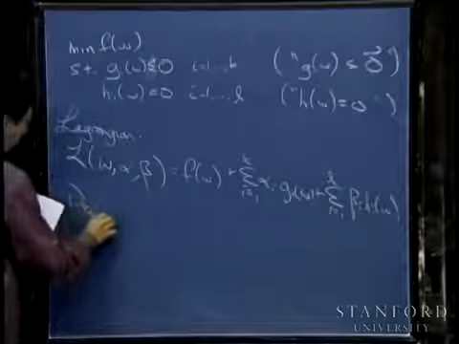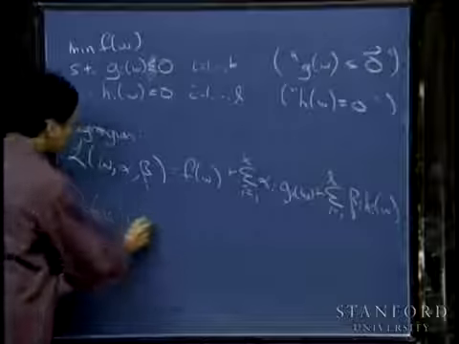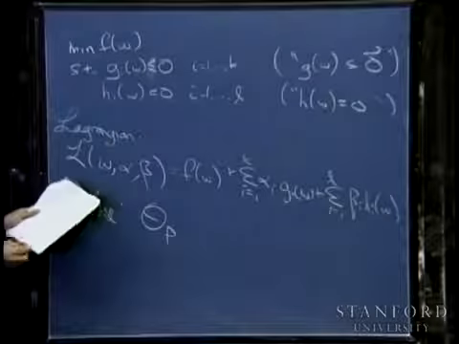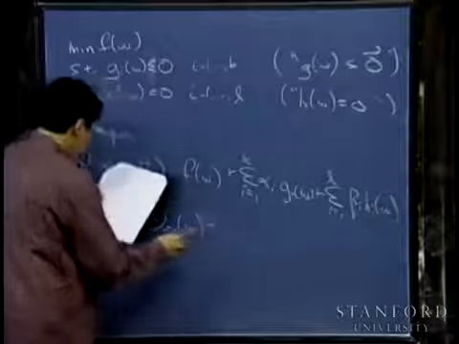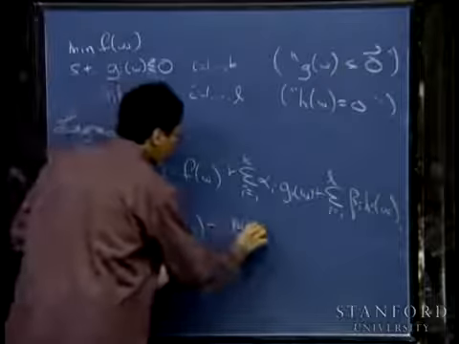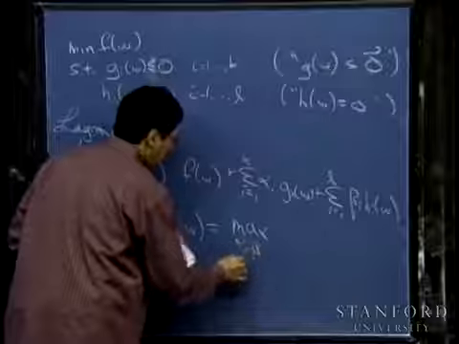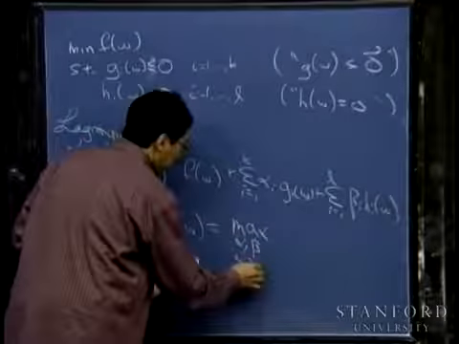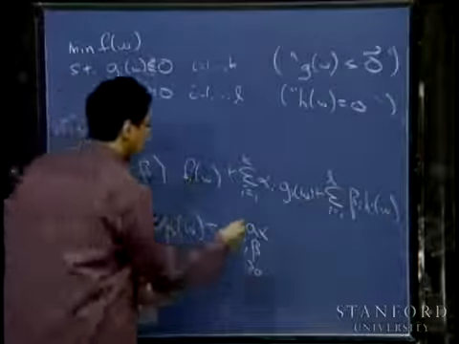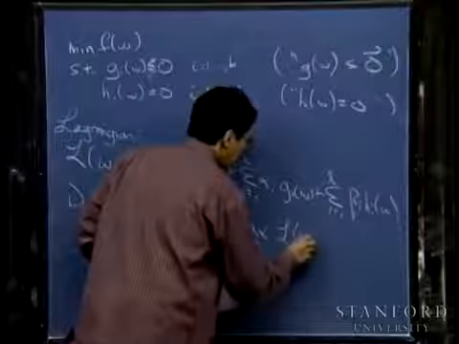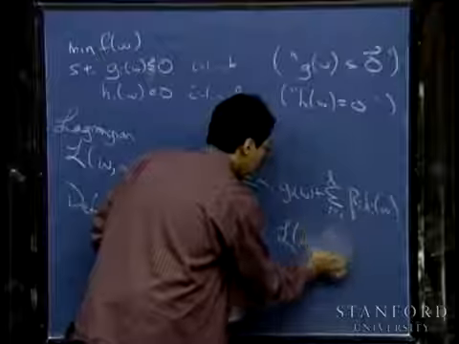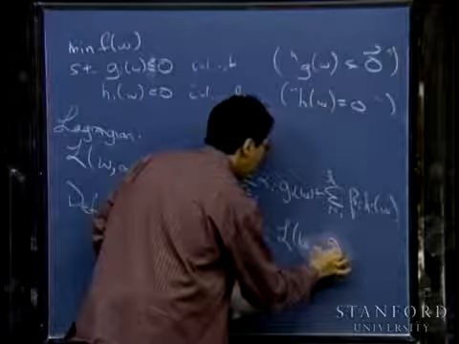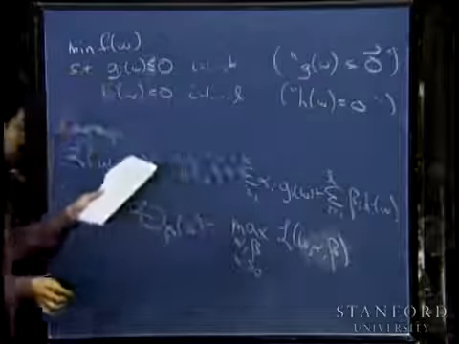Now, here's a cool part. I'm going to define theta subscript P of w to be equal to the max over alpha, beta, subject to the constraints that the alphas are greater than or equal to 0, of the Lagrangian. Okay.